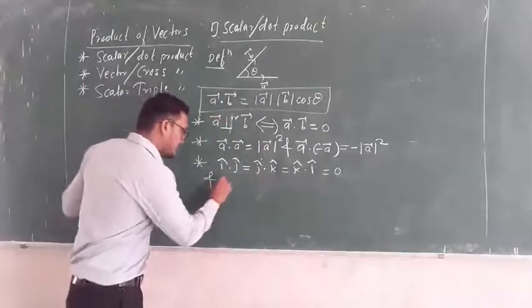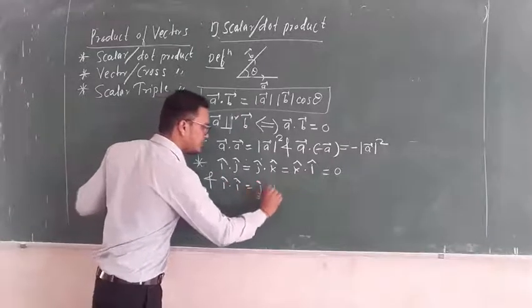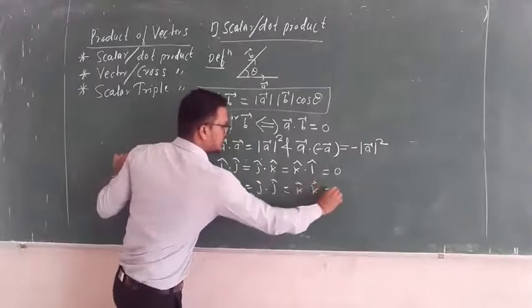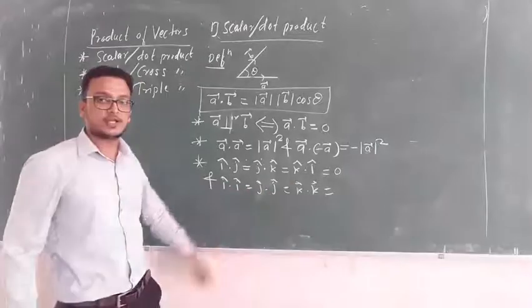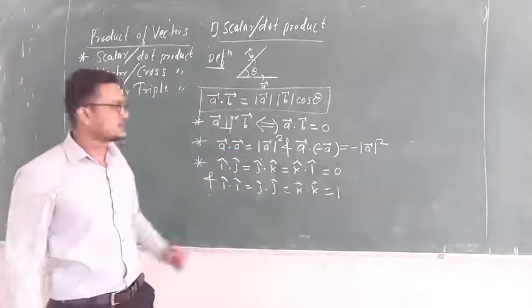And if you take the dot product of the same unit vector, I dot I, j dot j, k dot k, its answer is 1. This is another property.